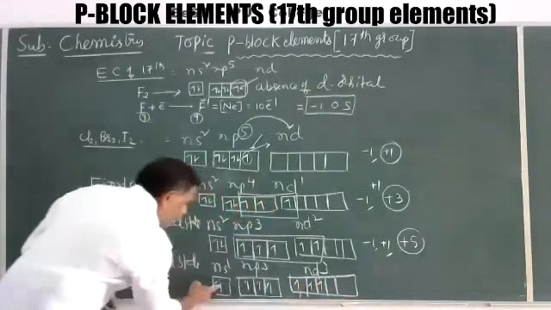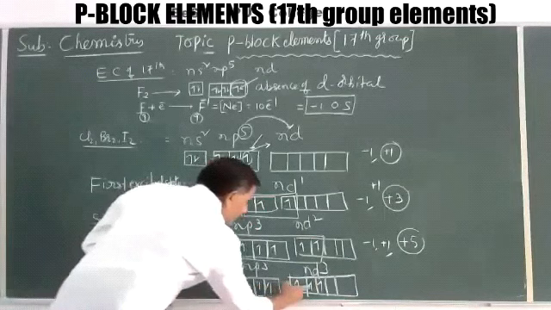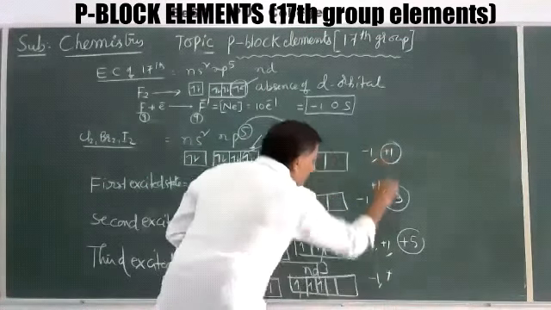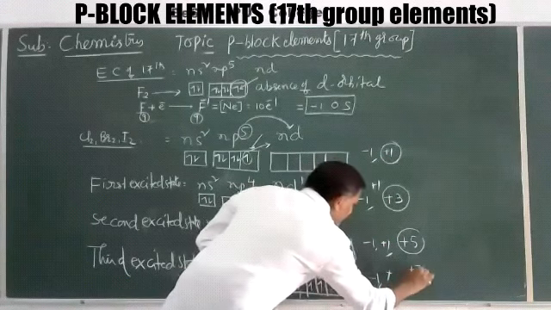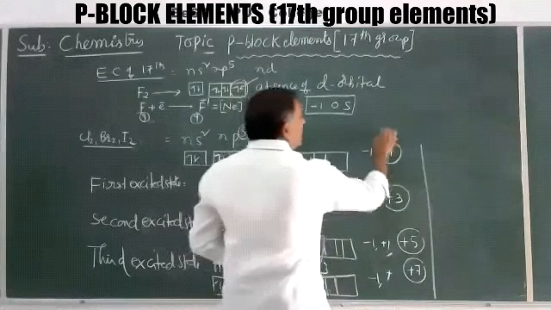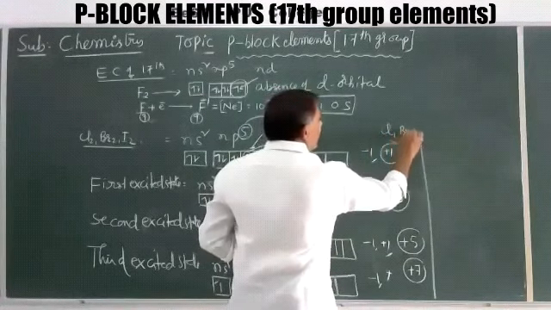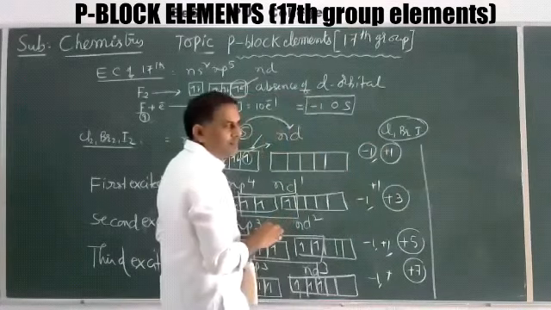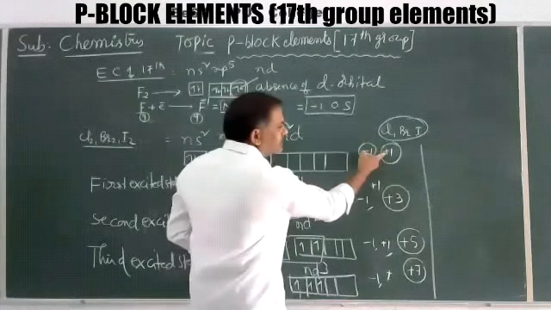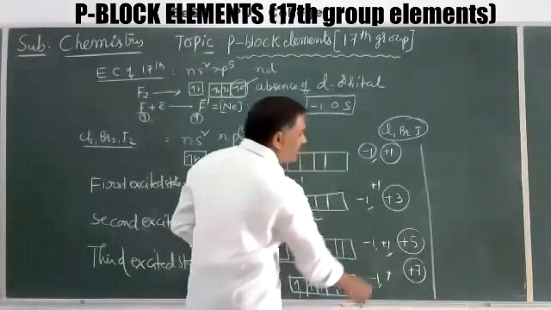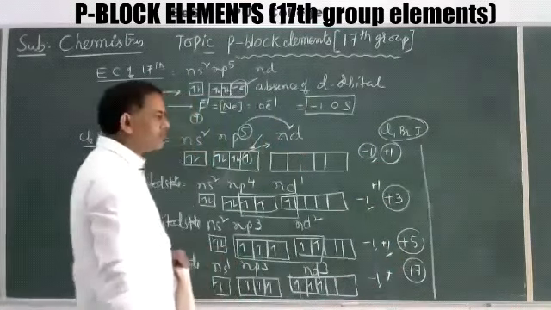So finally 1, 2, 3, 4, 5, 6, 7. It shows -1, +1 and also the +7 oxidation state. So in chlorine, bromine and iodine, in addition to the -1 oxidation state, they also exhibit +1, +3, +5, +7 oxidation states.